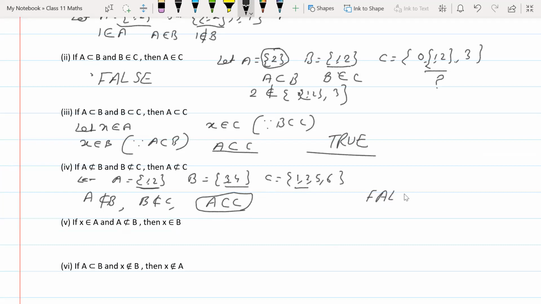So it's not necessary that, in consecutive order, if one set is not a subset of another set and that is not a subset of a third, then the first set will not be the subset of the third set. So hence we proved A is a subset of C.